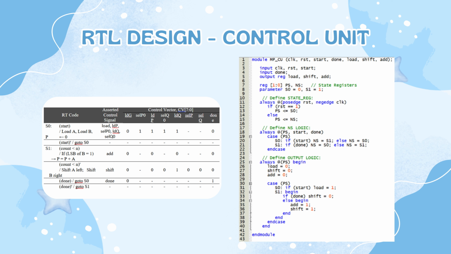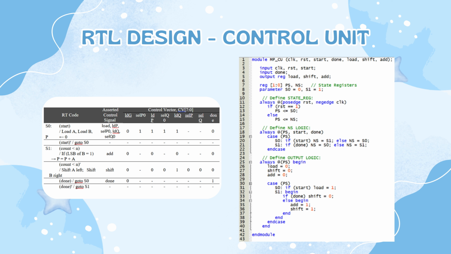State register and initialization: present state and next state store the FSM state, using two states S0 and S1. State transition logic: reset to S0 when reset is 1, transition on the negative clock edge.